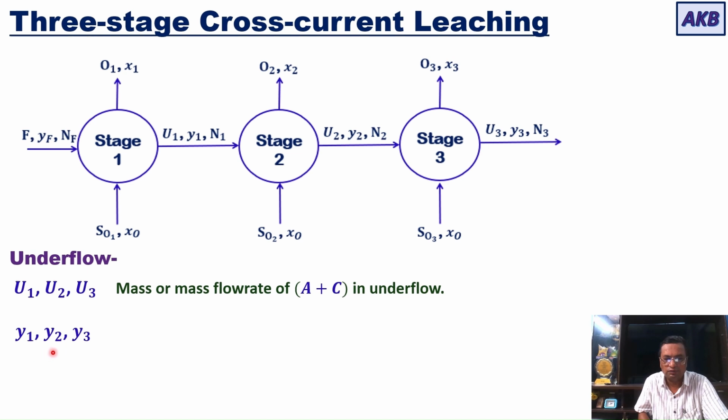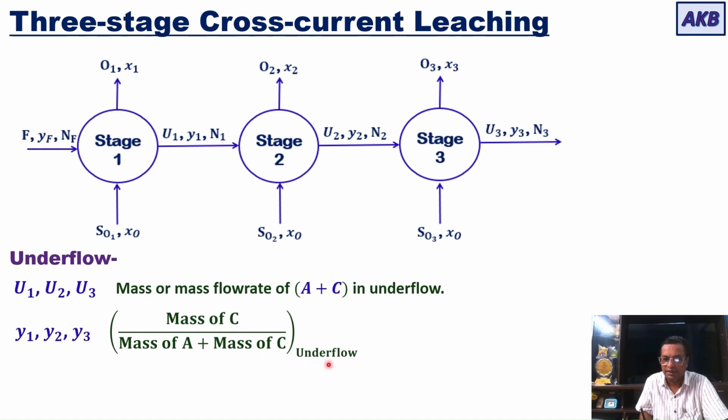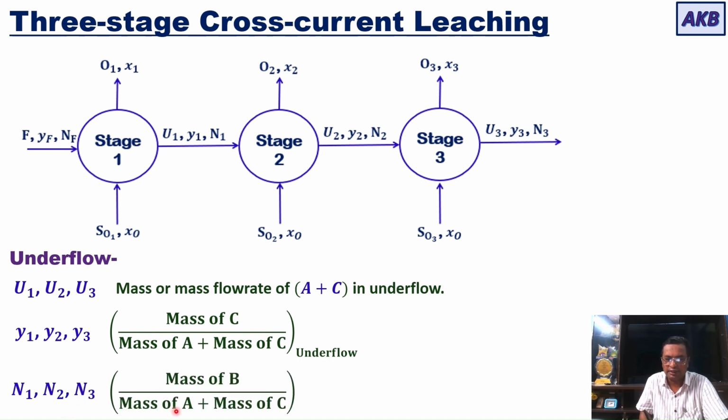Then you have Y1, Y2, Y3, and you can easily tell this is mass of C divided by mass of A plus mass of C in the underflow that comes out of various stages. And then you have N1, N2, N3, which is mass of B divided by mass of A plus mass of C in the underflow that comes out of various stages. So you have weight fraction of C on B-free basis and weight fraction of B on B-free basis in the underflow.